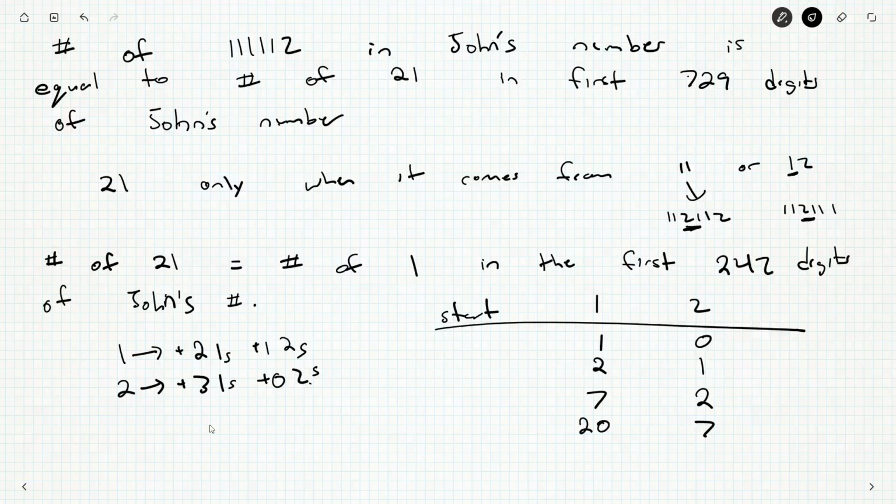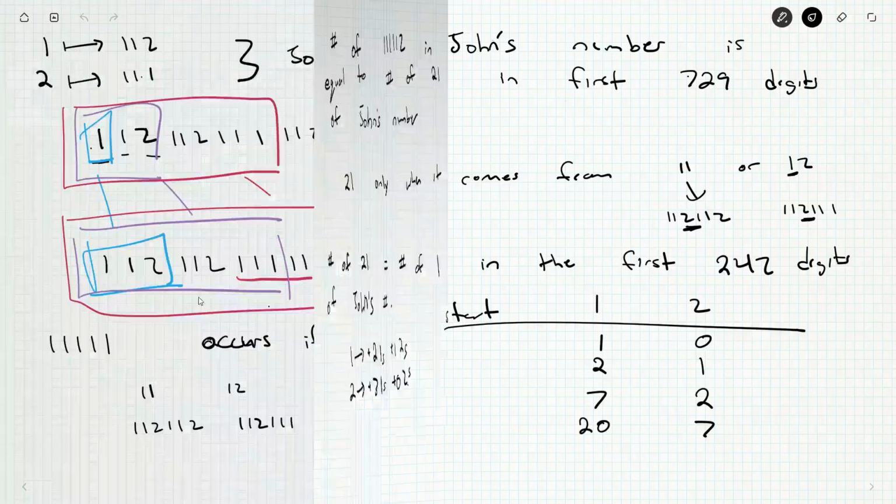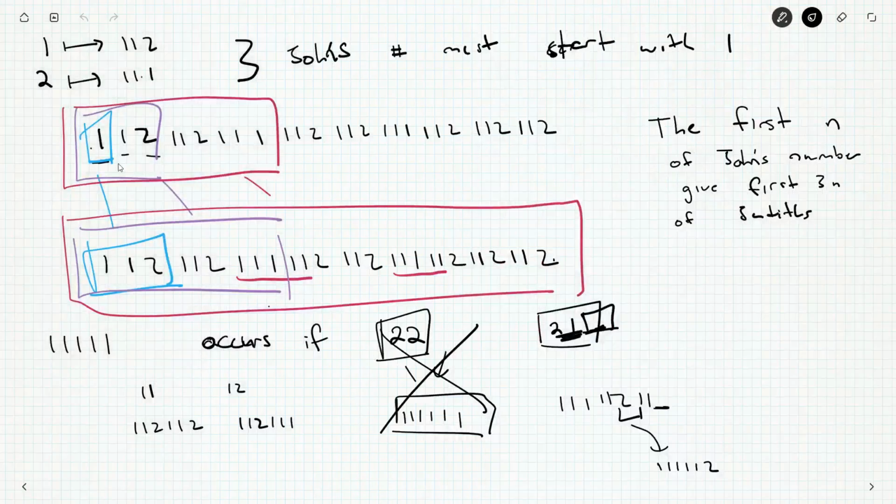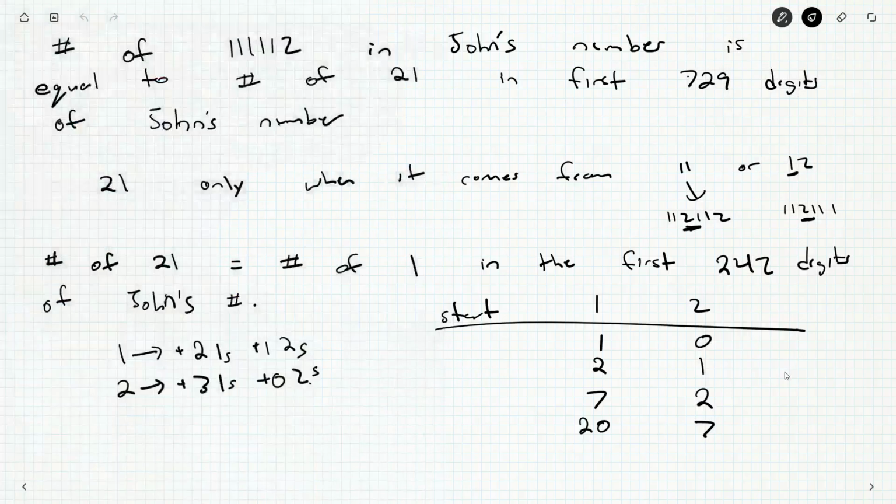And we can actually go back and double check. In the first 9 we have 1 1 2 1 1 2 1 1 1, so that's 7 ones. And then we'll get 20 here. And then 2 times 20 plus 3 times 7 is 61.